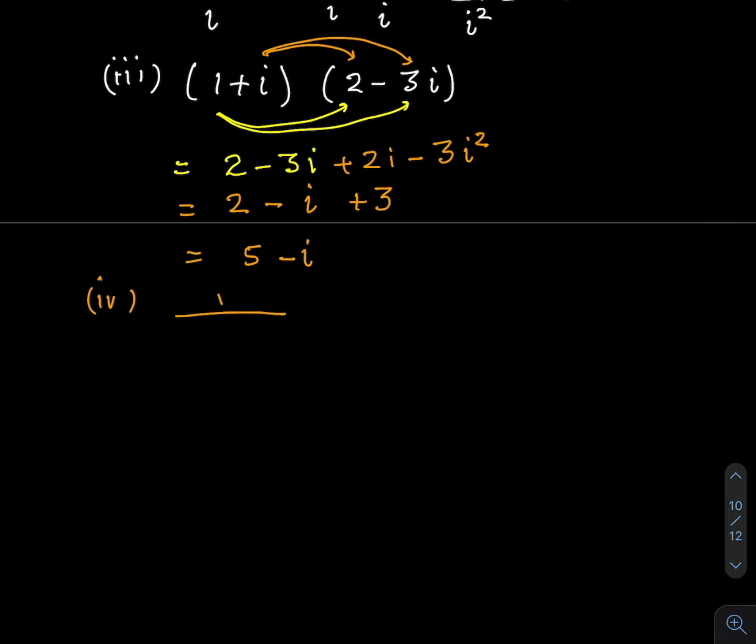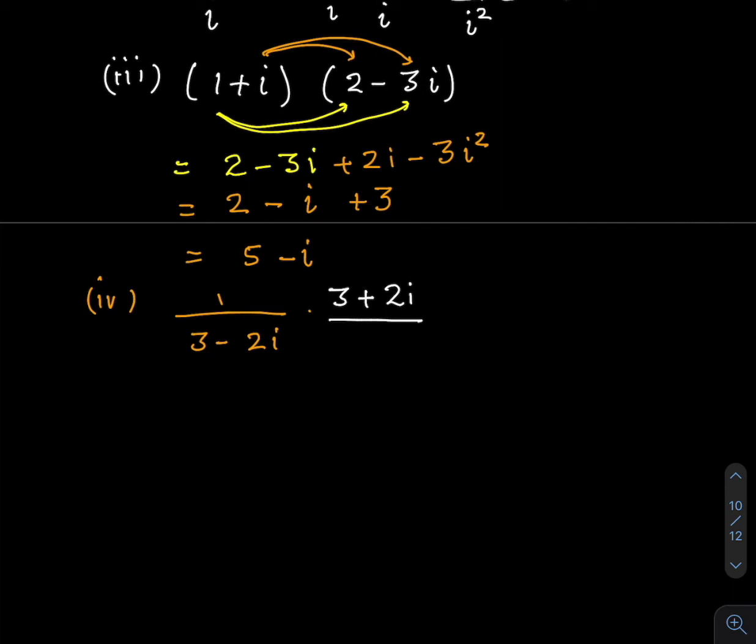Let's talk about one more thing. What is 1 over (3 minus 2i)? How do we rationalize, right? What we do is we multiply this by the conjugate. By conjugate we mean we change the sign of the i term.